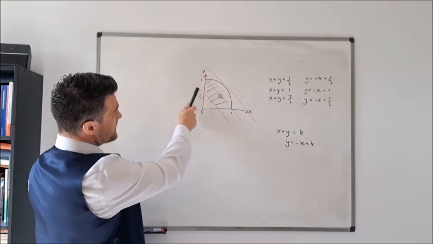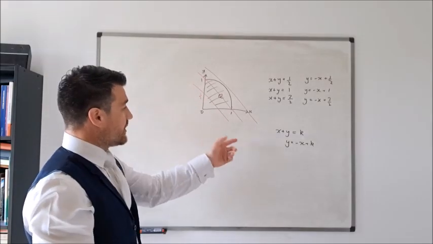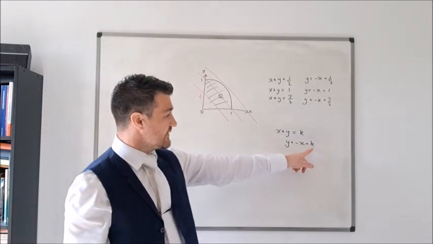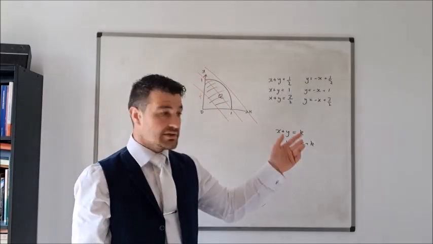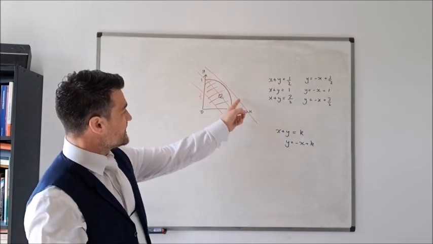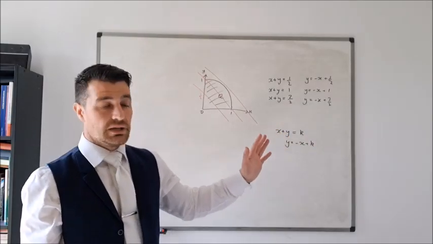But all of the points on any given line correspond to a fixed value of k. So here on this line, all of the points correspond to k equal to a half. All of the points on this line correspond to k equal to 1. All of the points on this line correspond to k equal to 3 halves.